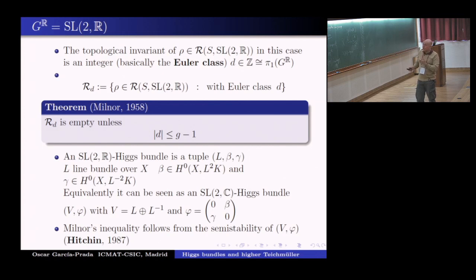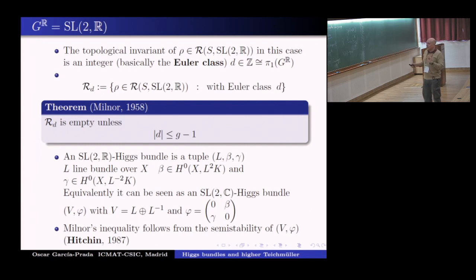Equivalently, you can associate the SL2C Higgs bundle as defined by Hitchin, right? In fact, this analysis of SL2R was done by Hitchin in his original paper. Before I get to the non-injectivity, Milnor's inequality follows immediately from the semi-stability of the Higgs bundle.